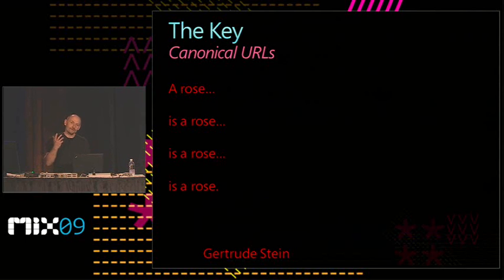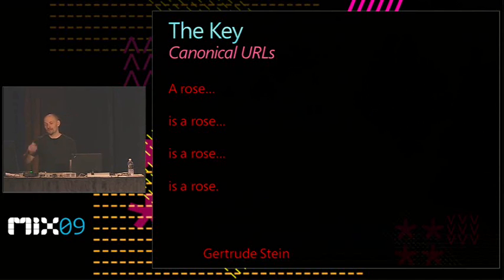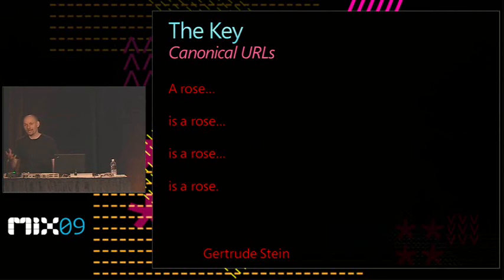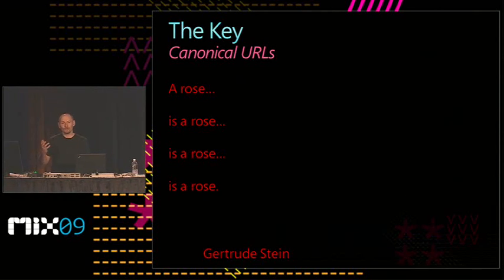Now, what's the gist behind SEO? I have this little poem up here. A rose is a rose is a rose is a rose. And a URL is a URL is a URL is a URL. If you look at the following URLs that I show you, they are all pointing to the same content. You get the same web page back.